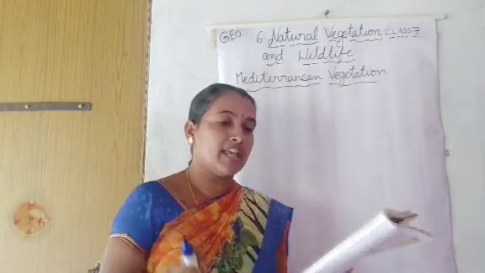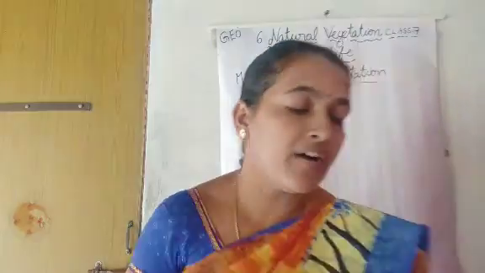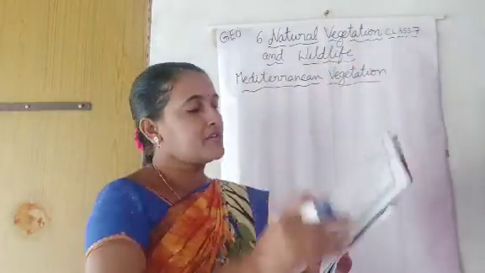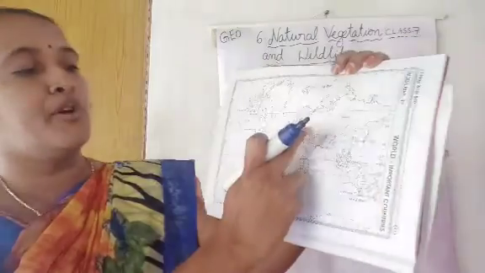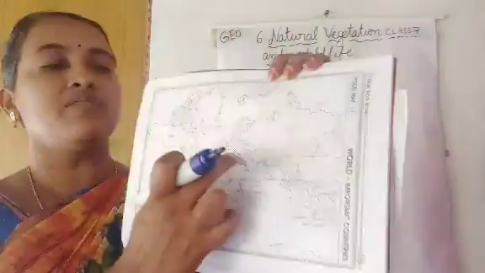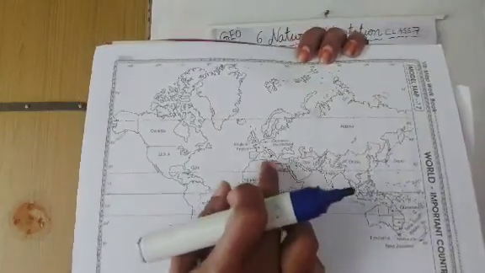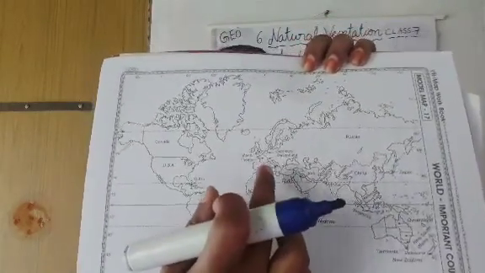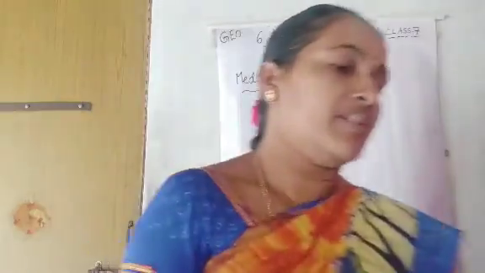If you see the map, children, Europe, Africa and Asia: in the middle of these continents, we can find this Mediterranean vegetation. That's why, on the name of this mid region, it came to be called Mediterranean vegetation.